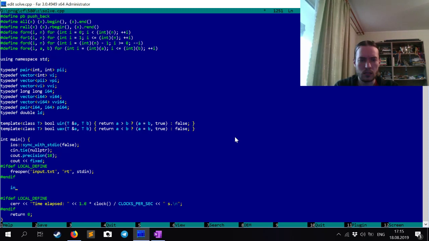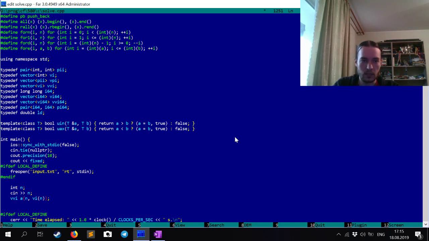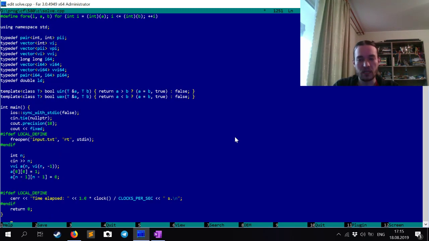Okay. So here's our read. And we don't know anything at the start, but we know that the corner cells are like this. So let's determine all the odd position cells.